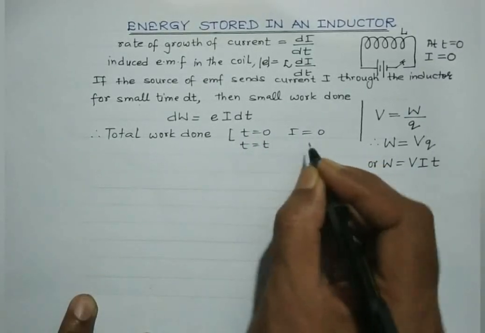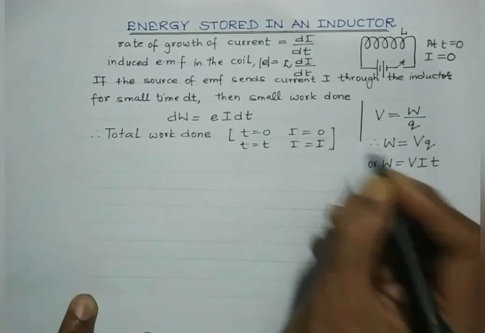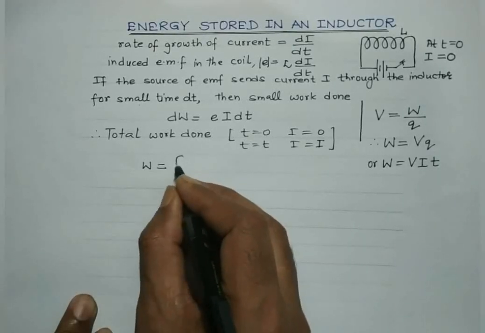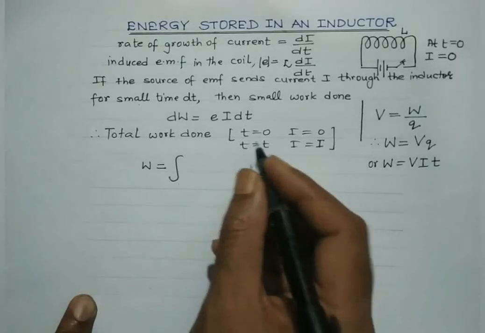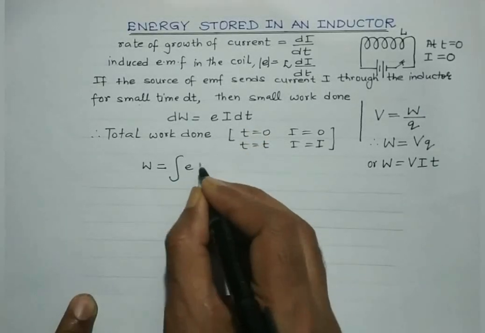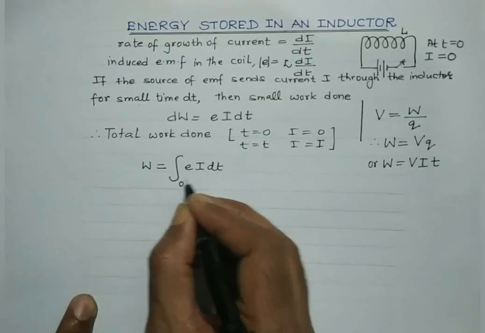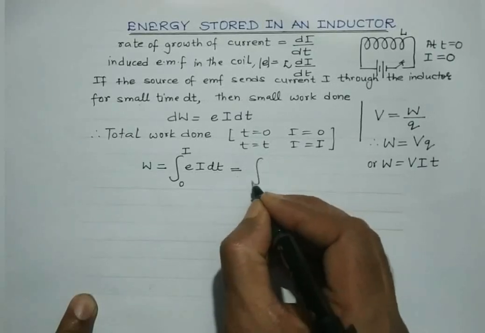At t equals to t, suppose the current at that instant is I. So in that case, total amount of work done would be given by integration of EI dt, and limits would be from 0 to I, right? So let's substitute the value over here.